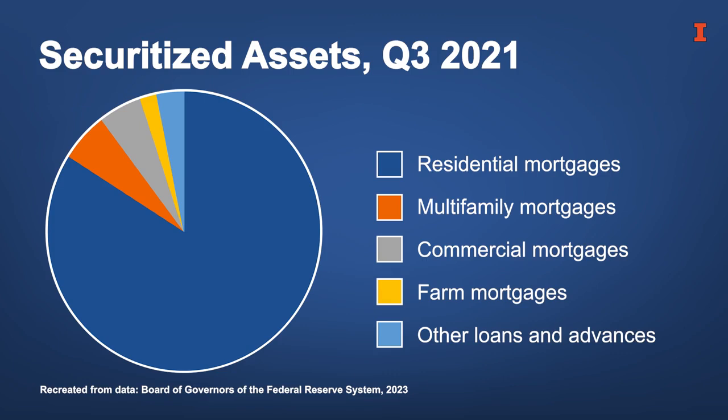The vast majority of securitized loans are mortgages. These include residential mortgages for your single-family home. We can also see mortgages for multifamily homes and apartment buildings, commercial mortgages for office buildings or shopping malls. The other loan category includes auto loans and small business loans.